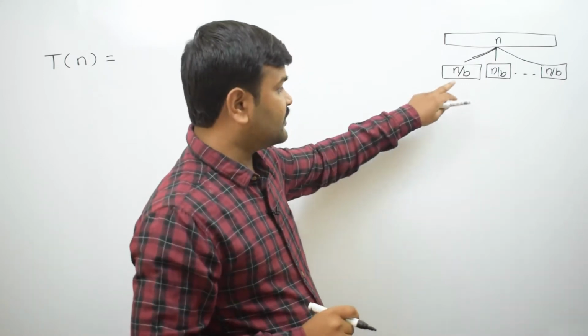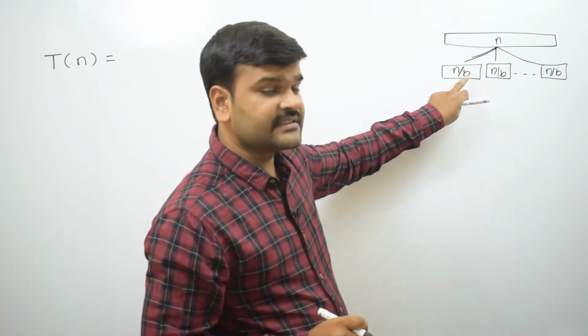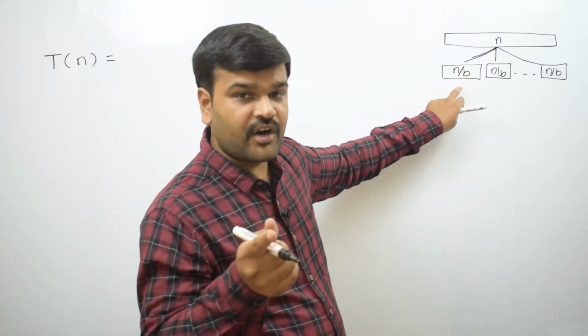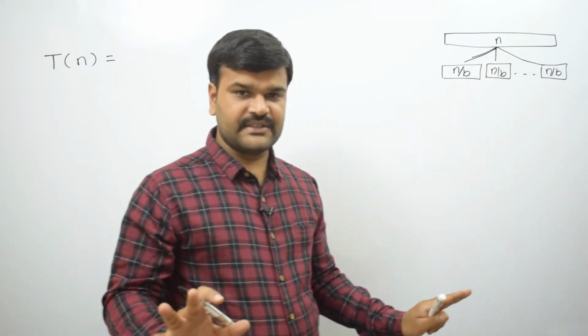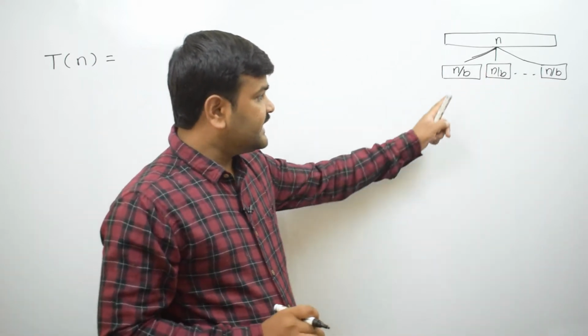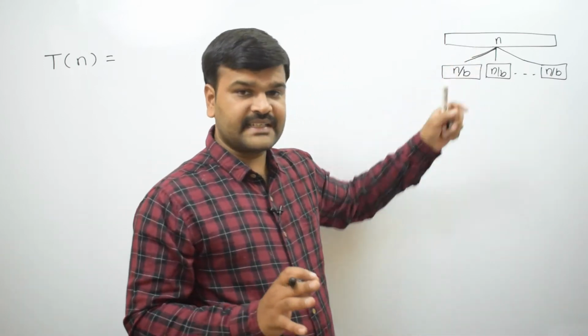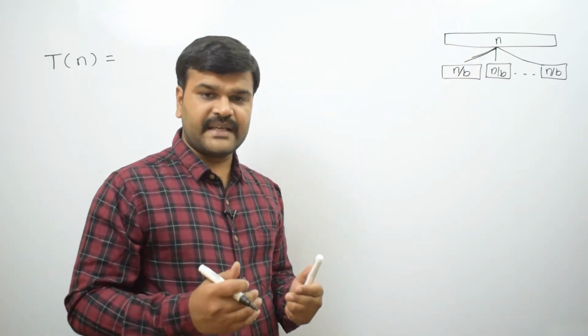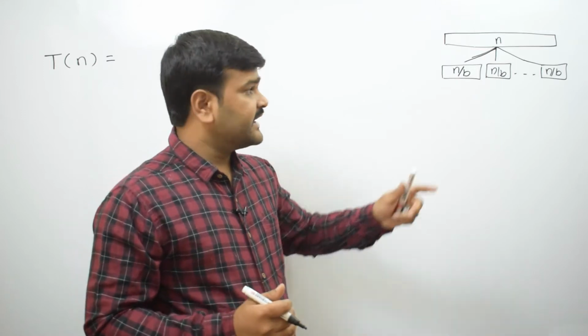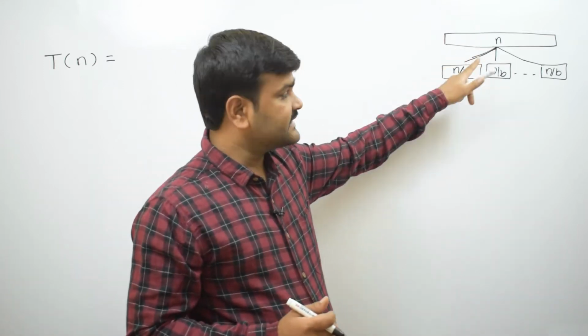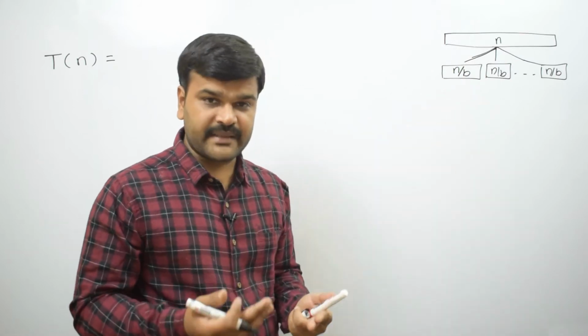That means to solve a subproblem, it doesn't have any dependency on other subproblems. Each subproblem size is n by b. So the given size n is divided into n by b.